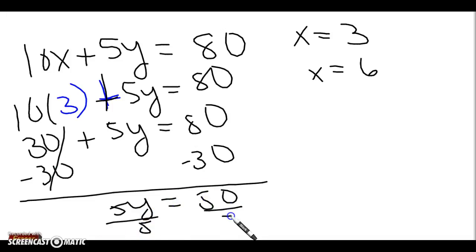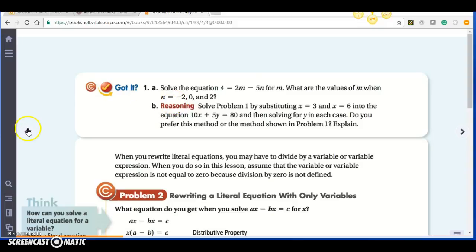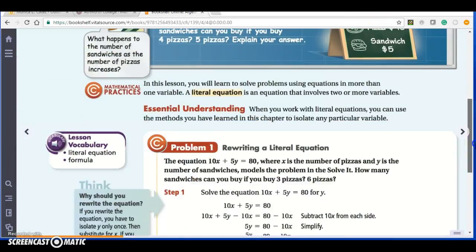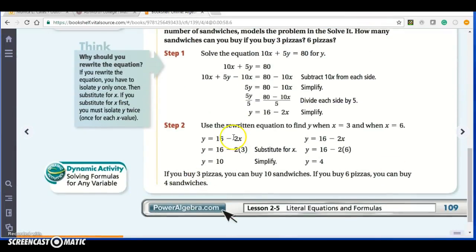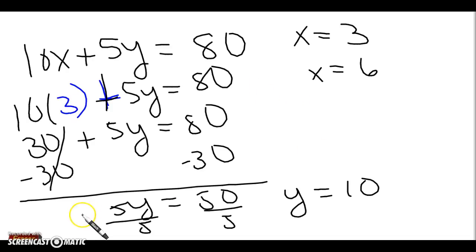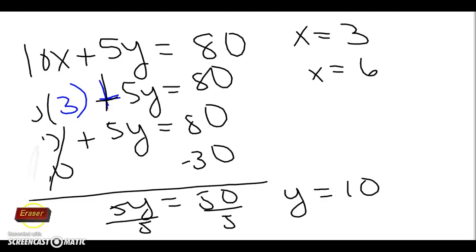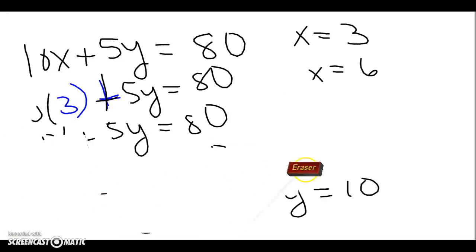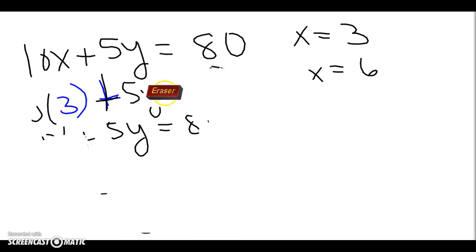Divide both sides by 5. And I get y equals 10. Okay, let's see if that's the same answer we got the first time. When I plug in 3, I get 10. Strictly your preference, which way you like best. I'll leave that for you to answer.